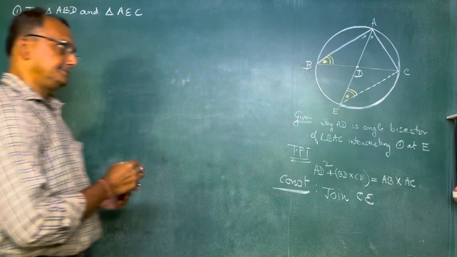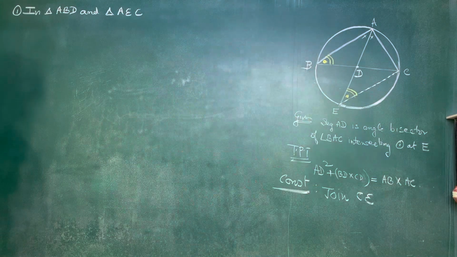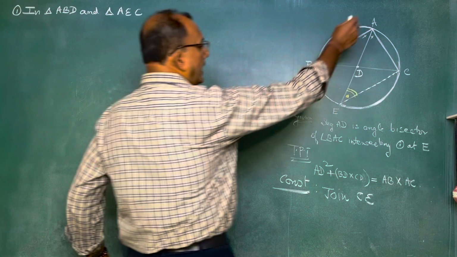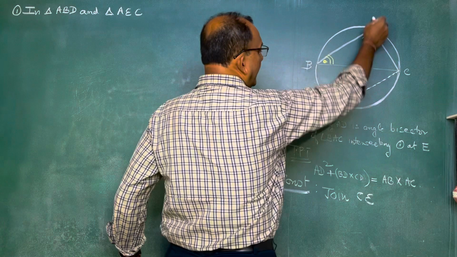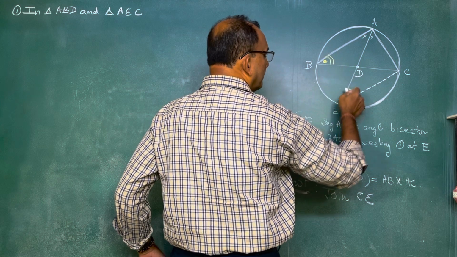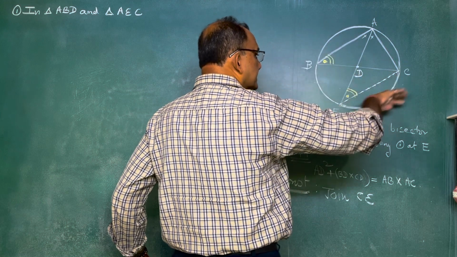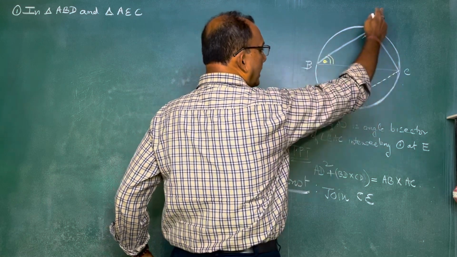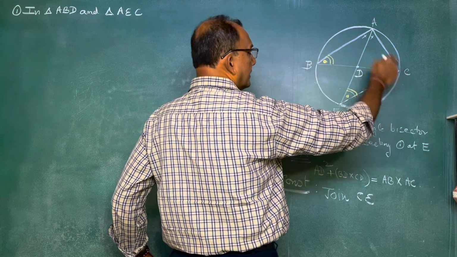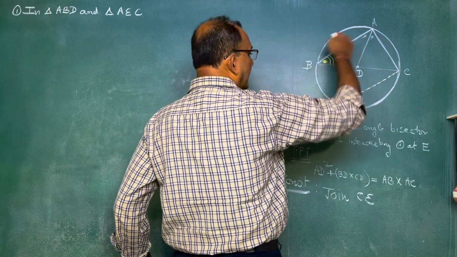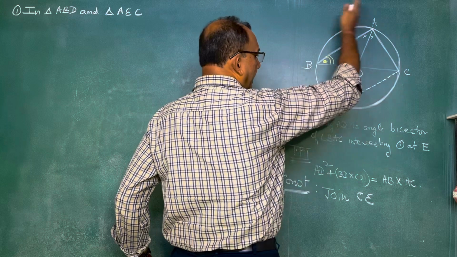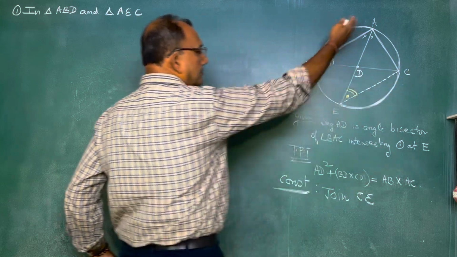Guess. Angle ABD, if you see properly, angle ABD and angle AEC, they will be congruent because they are the angles inscribed in the same arc. Is it clear? Angle ABD and angle AEC are the angles inscribed in the same arc.